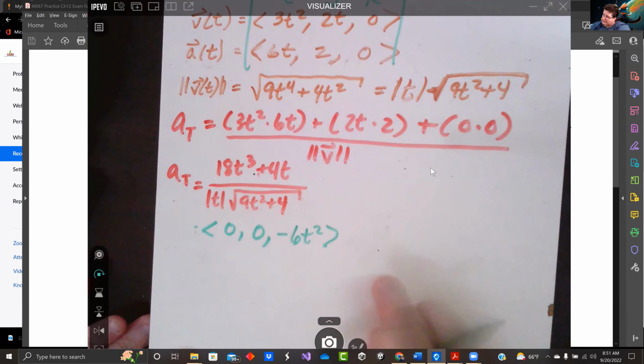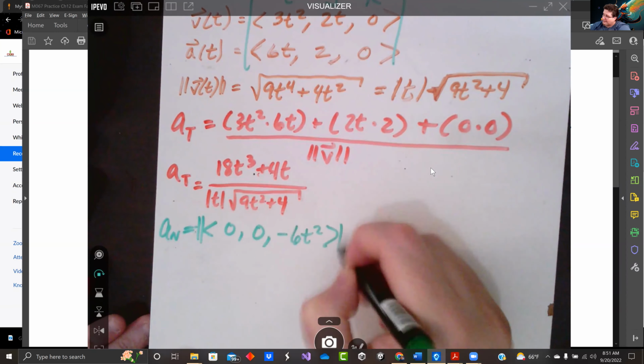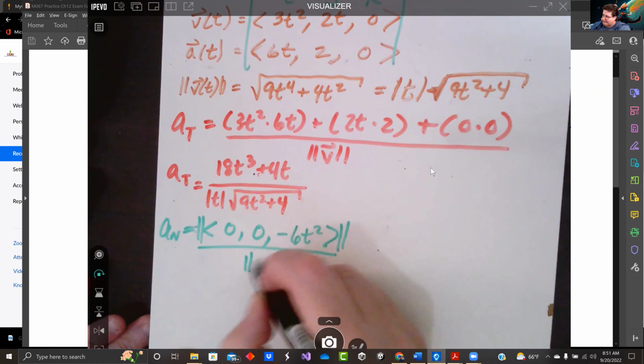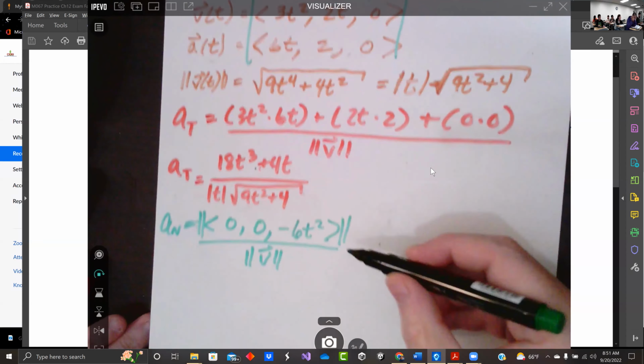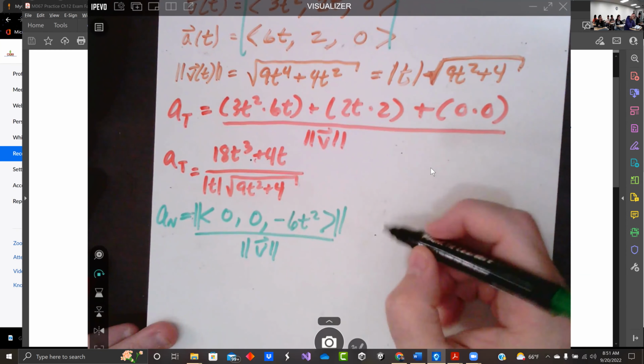I'll leave it as an a sub n. It's the magnitude of this divided by the magnitude of V. The magnitude of that is just going to be the positive version.